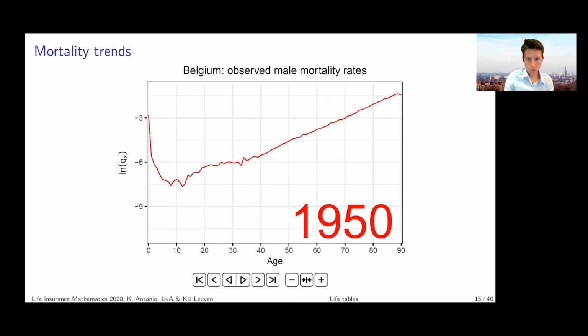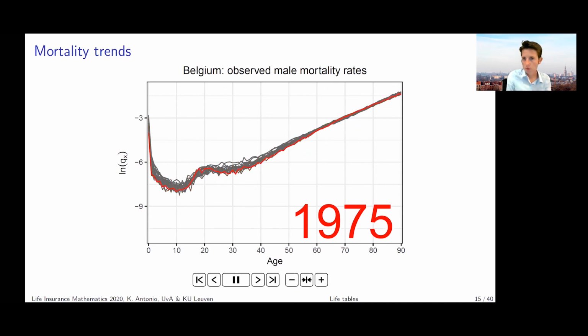And then to discuss a little bit the evolution over time, I prepared the following visual. So what you see here is that for different years of data, I downloaded the information from the Human Mortality Database, and each gray line here in the graph represents 1 year of data for Belgium, for male data.